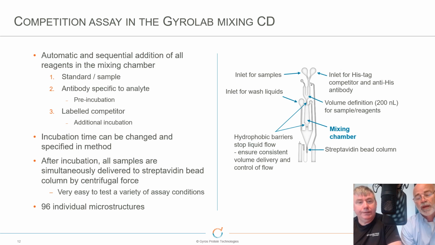It's a method modification that's designed to be changed, to be optimized. And then once the incubation period is over, it will do a very hard spin and overcome that thicker hydrophobic barrier at the bottom of the mixing chamber, and then pass your sample that's been incubated over the streptavidin column.